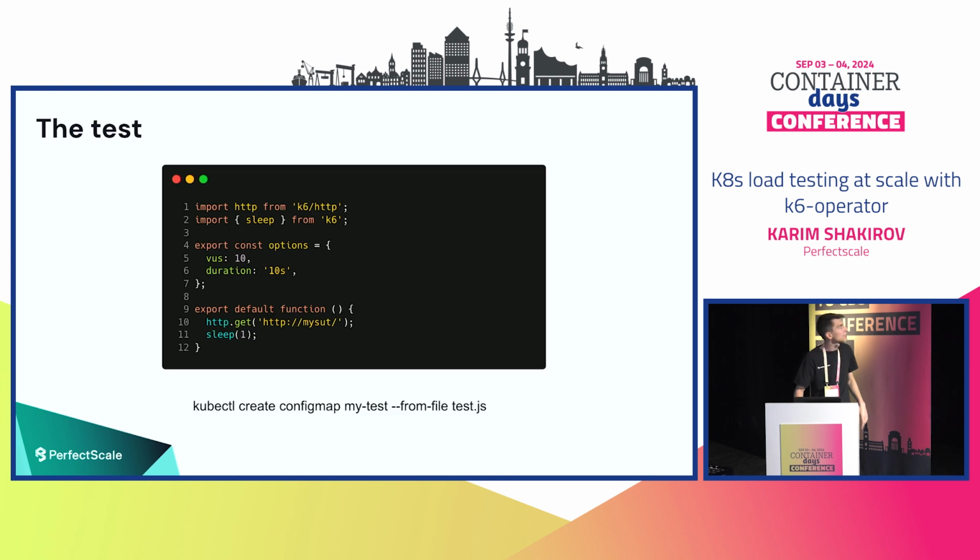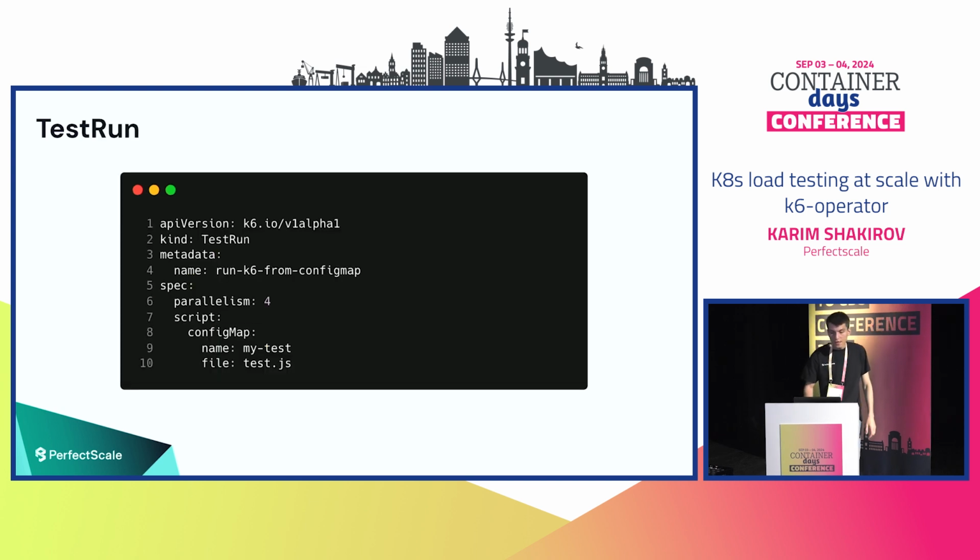To run this test, we create the config map from this JavaScript file: kubectl create configmap my-test from file test.js. After that we need to create another resource, kind TestRun from k6.io, defining the parallelism to 4 in this case, and referencing the script, the config map which we just created.